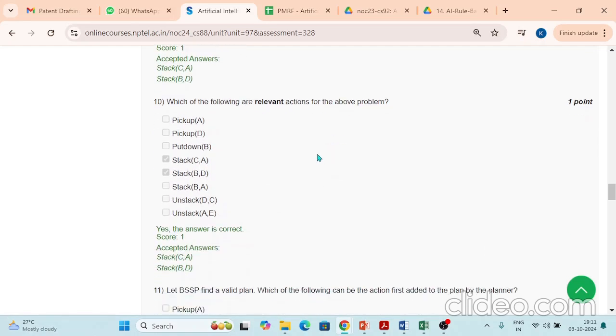Relevant actions for the above problem means we need to come back from the goal state. So we are having only stack CA and stack BD.